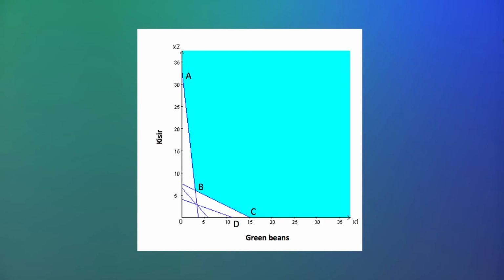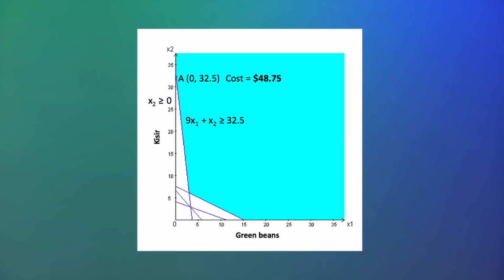Let's further evaluate this by looking at points A, B, and C as seen here. We could have considered other points such as point D, but that's not a feasible extreme point. On the other hand, points A, B, and C are feasible. Point A corresponds to the binding of the constraints 9x1 plus x2 greater than or equal to 32.5 and x2 greater than or equal to 0.